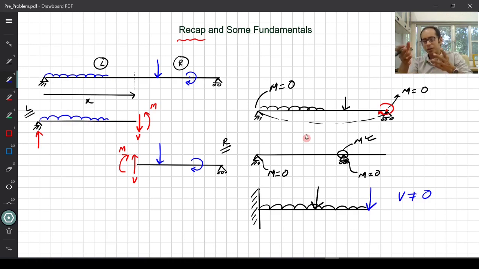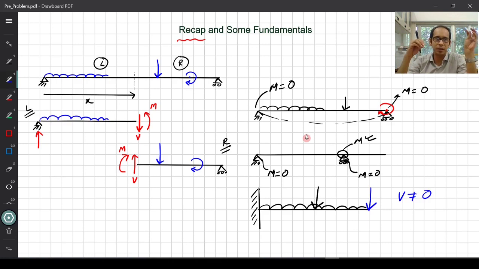So these are some of the fun tidbits that you should remember while you are drawing the shear force and the bending moment diagram. All it helps you to do is to catch some errors. So suppose you have drawn the shear force diagram or the bending moment diagram, and your beam is simply supported, or it has a pin at the very end. It need not be simply supported.